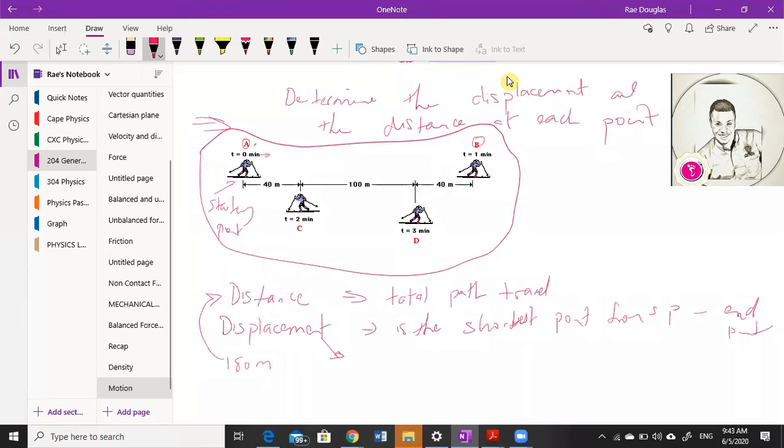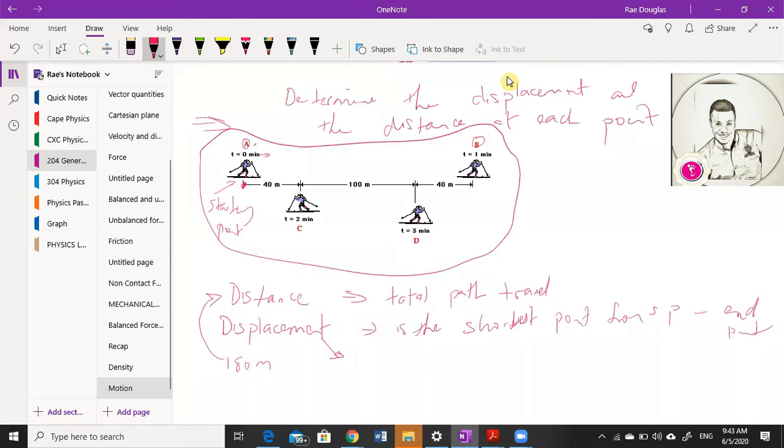So what would be the start point here for that situation? We're talking about the displacement here. And what would be the end point? The start point is A, and the end point there is B, right? Yes, right here would be the start point. We can agree that.